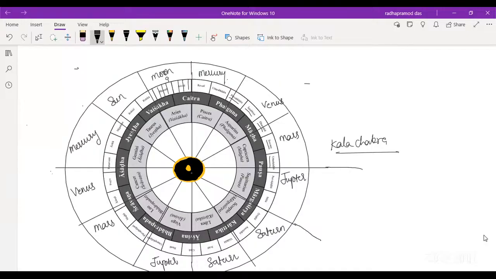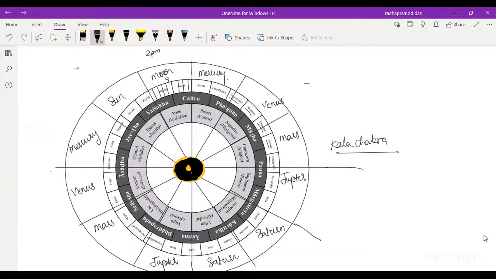So you are born, say, at a particular time, say 2 p.m. Then they will see, okay, where is the moon? The moon is in Aries, so your Lagna is Aries. And where is the moon, near to which star? These are the two stars that are there in Aries, and in that also there are a few sections.